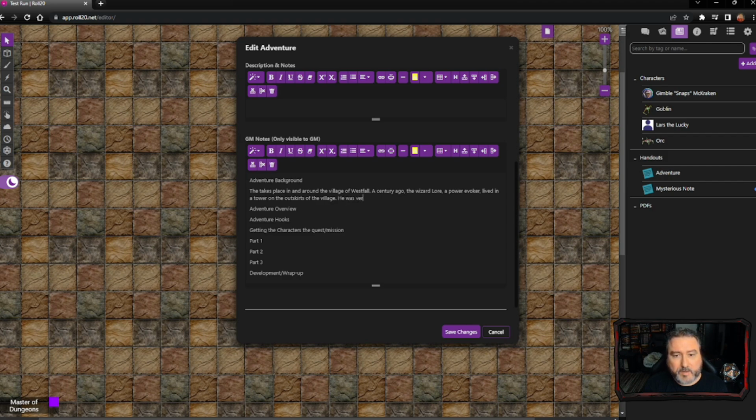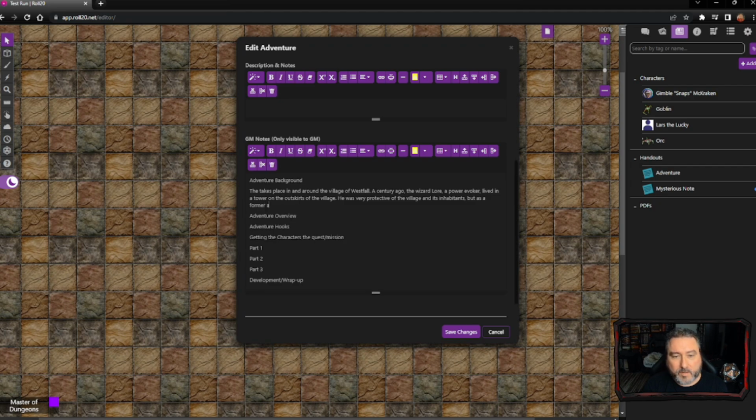He was very protective of the village and its inhabitants, but as a former adventurer, Lore had many enemies.